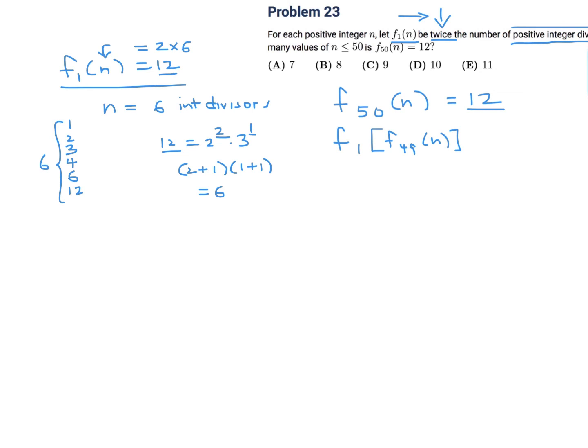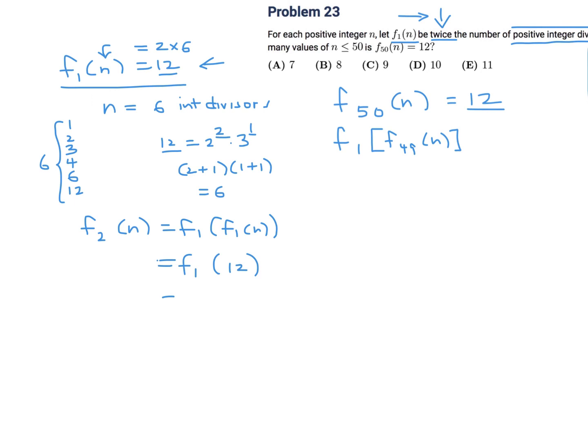Okay, but what about f at 2? f at 2 of n would be f at 1 of f at 1 of n. Let's see what happens here. f at 1 of n is 12 from up here, so put that in here. And then we have, again, f at 1 of 12.